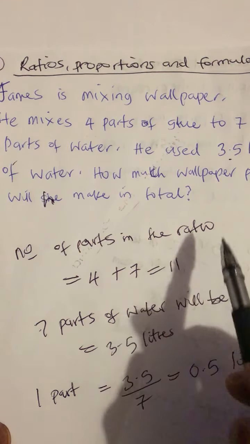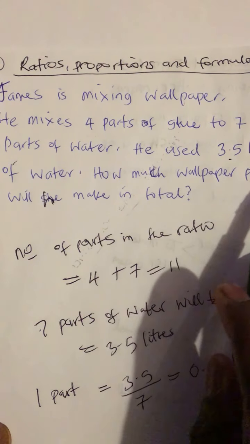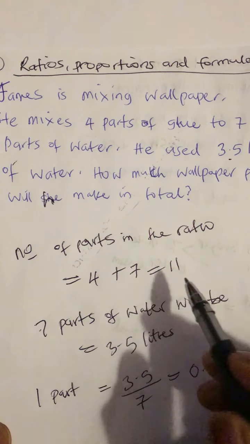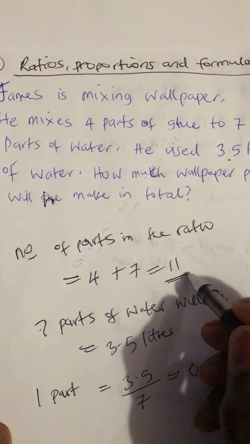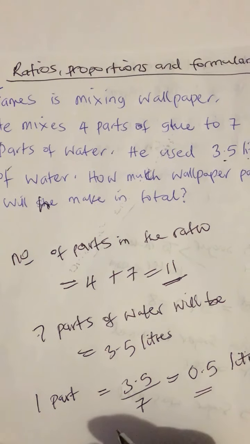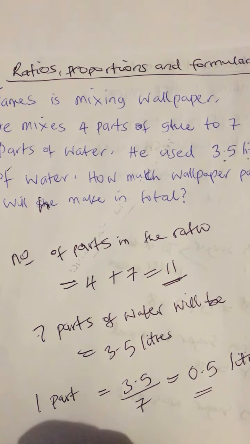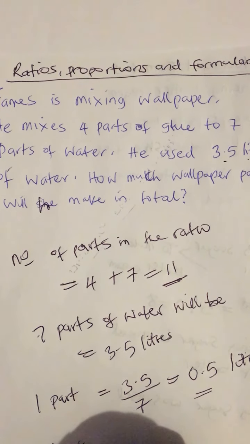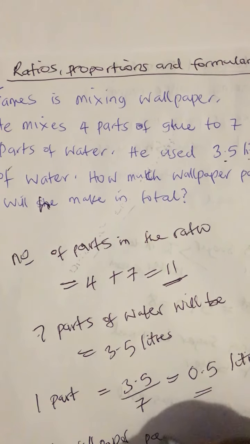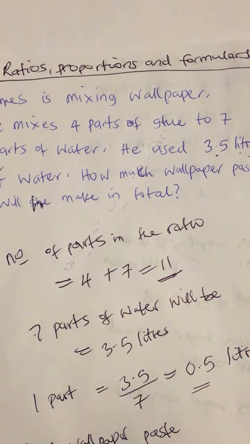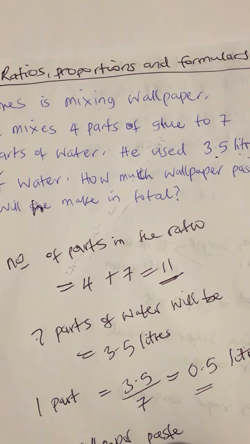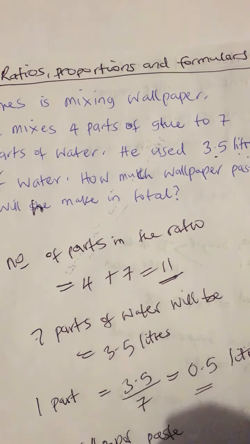So the question is, how much wallpaper paste will he make in total? We have a total of 11 parts here, and one part is 0.5 liters. So the total wallpaper paste will be equal to 0.5 for one part times 11 total parts.